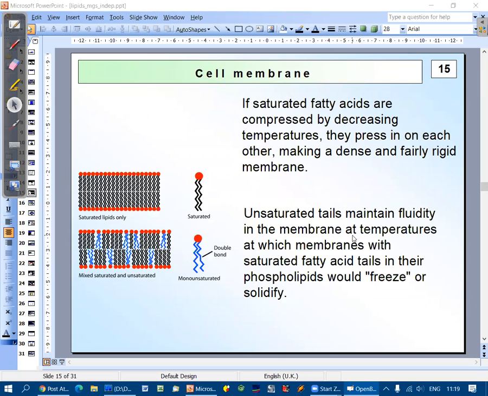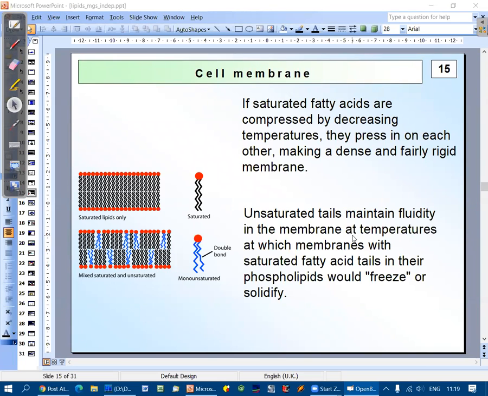That's why seafood is rich in omega unsaturated fatty acids, because it decreases the melting point of the cell membrane and allows it to stay liquid even under low temperature.